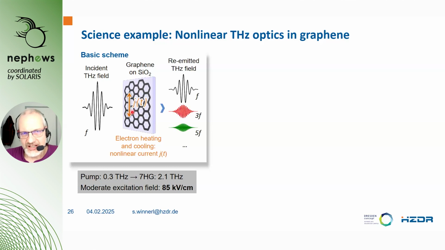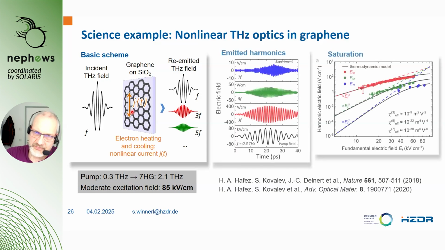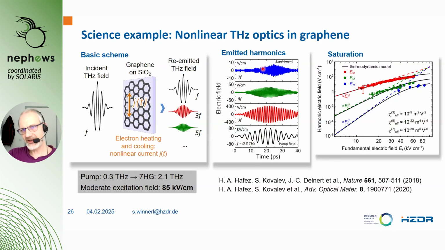And the nonlinear current leads to a re-emission of terahertz radiation at the fundamental frequency, but also at the odd harmonics. The odd harmonics come from the symmetry of the problem. So here are experimental results. This is the fundamental pump field, and third harmonic, fifth harmonic, even seventh harmonic we see, and we can follow this power scaling here.